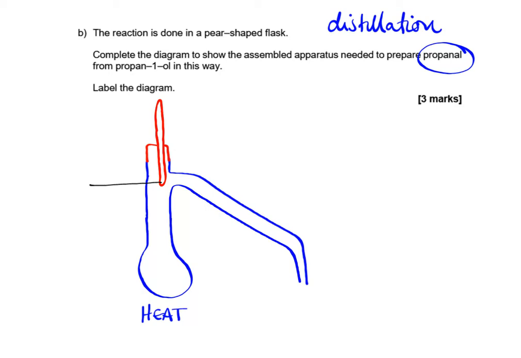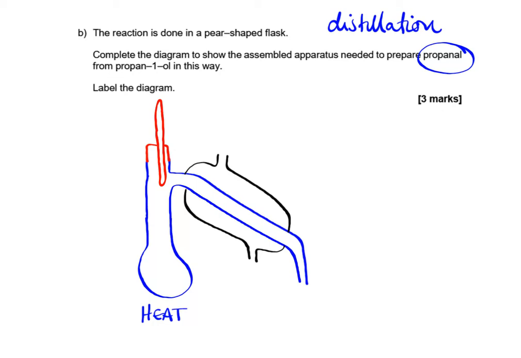Now for the condenser jacket. So again, I'm just going to put this around like so. It's certainly not a great piece of artwork, thank you very much. You can see that the water is able to get in and out of my condenser.